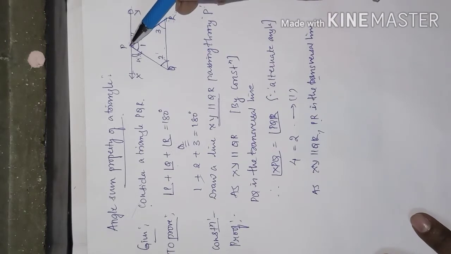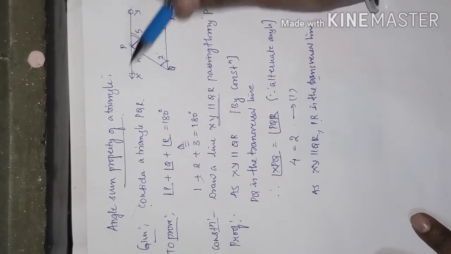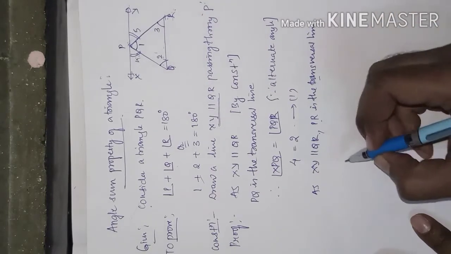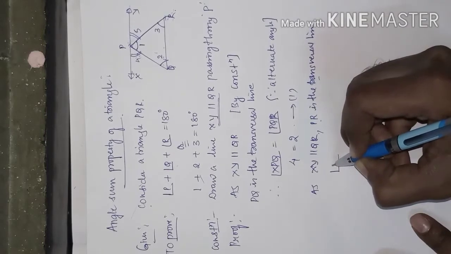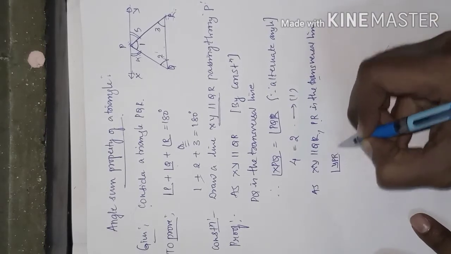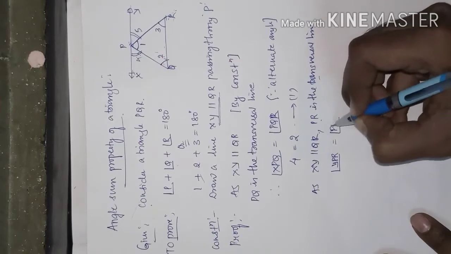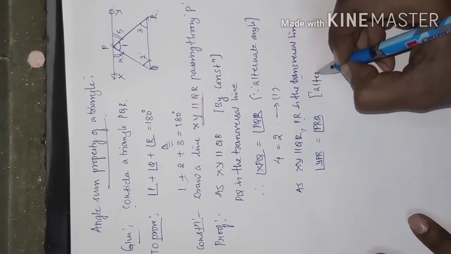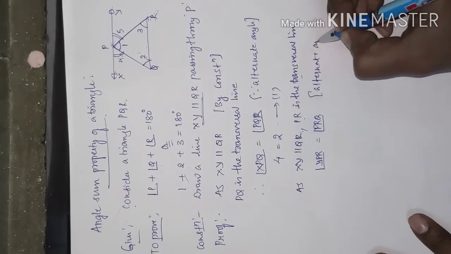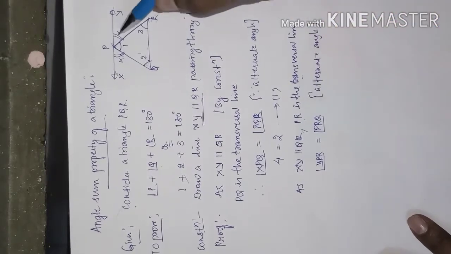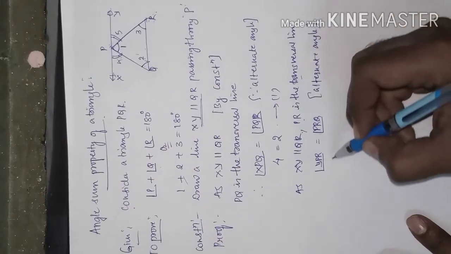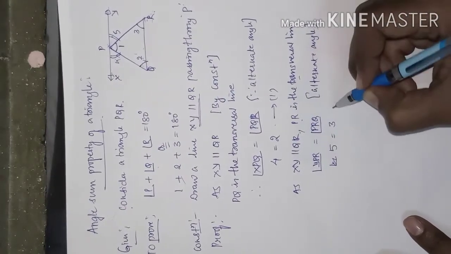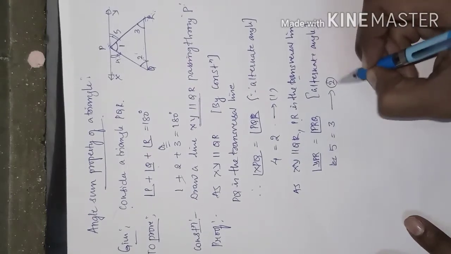When a transversal line intersects two parallel lines, the alternate angles formed will be equal. So I can write angle YPR is equal to angle PRQ because of alternate angles. So angle 5 is equal to angle 3. We mention this as equation 2.